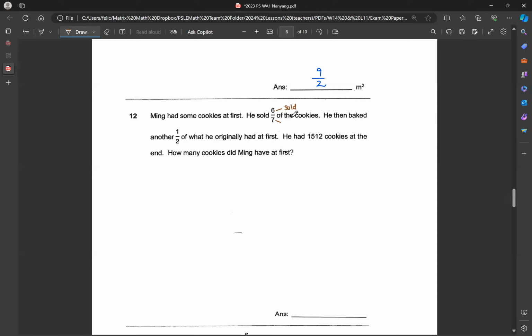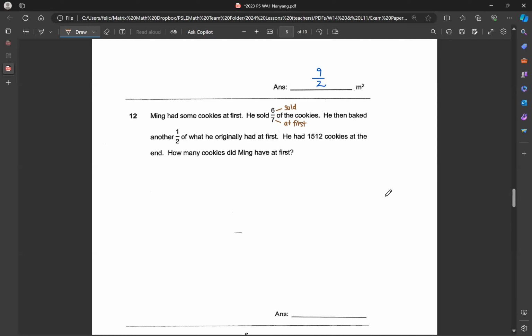Usually I use the word "of the something something" behind to help me understand what the denominator represents. Okay, so "of the cookies" means the whole thing at first, the cookies at the start. All right, so the 7 units basically is your total at first. Okay, so all these notes are good to write down so that you will have an idea of how to continue later on.